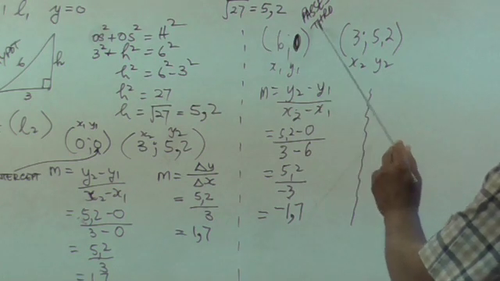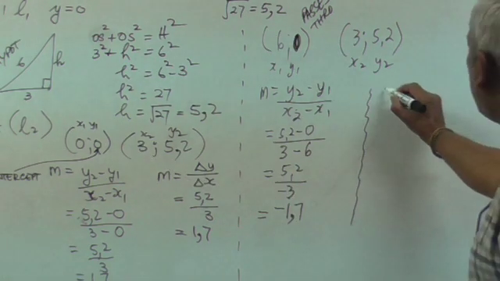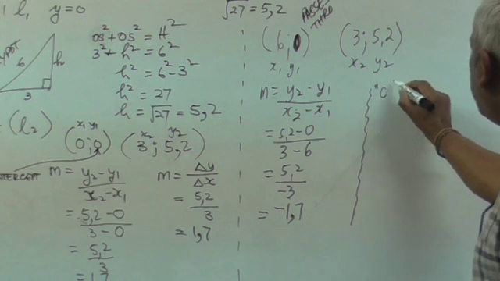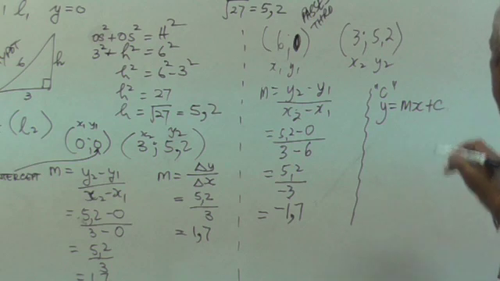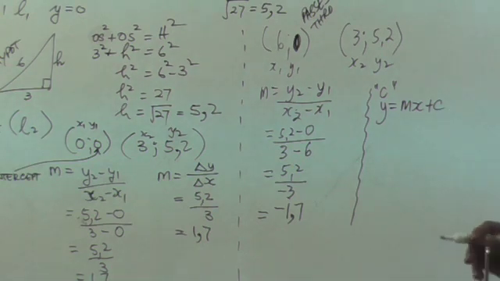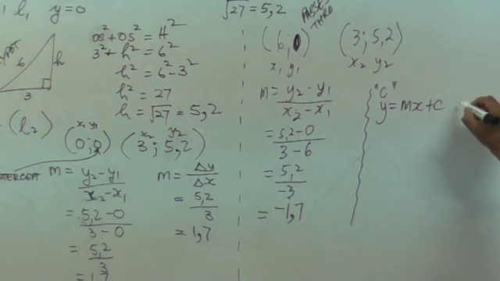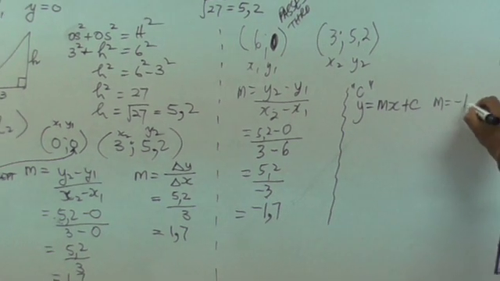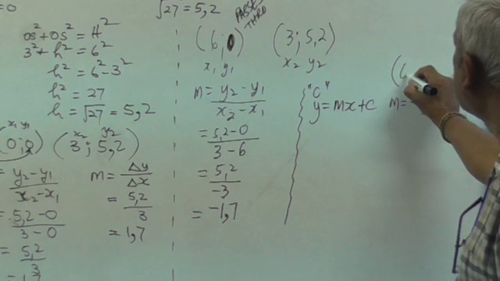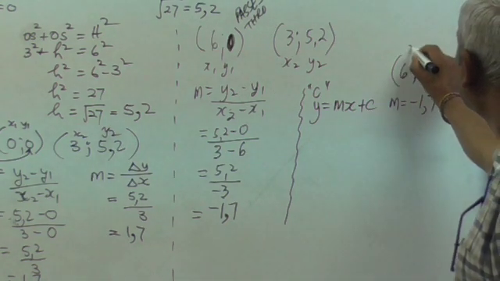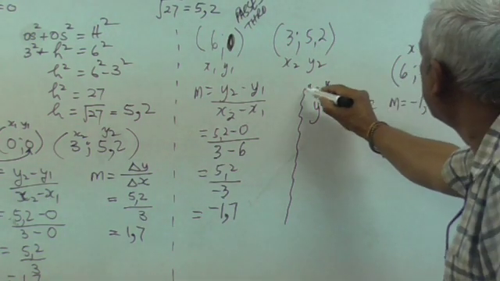But this is (6, 0), so I'll have to solve for c. I will start with y is equal to mx plus c, and I'm using m equal to -1.7. The ordered pair it goes through is (6, 0), so this is x, this is y.